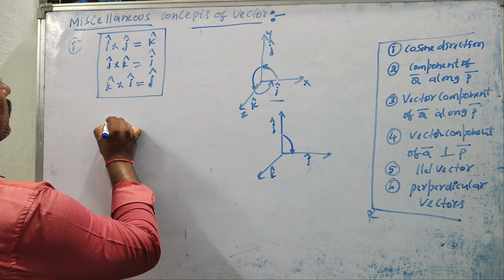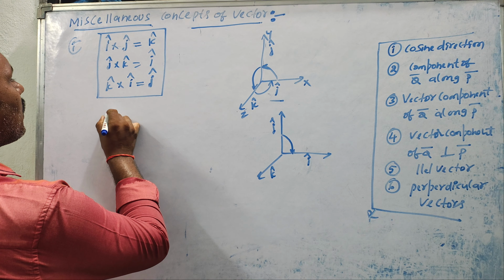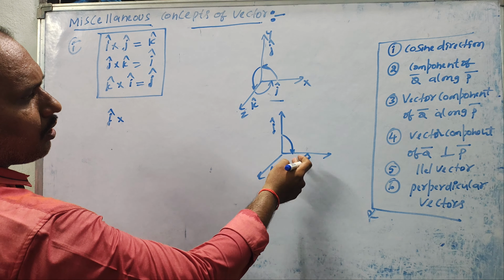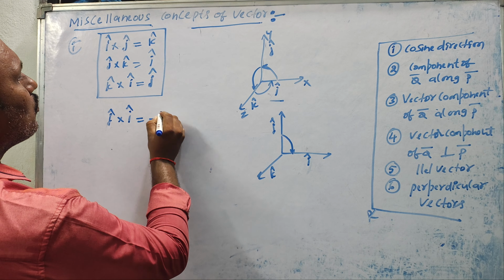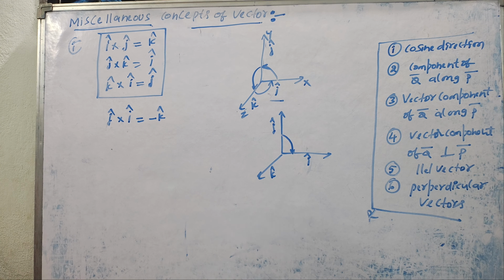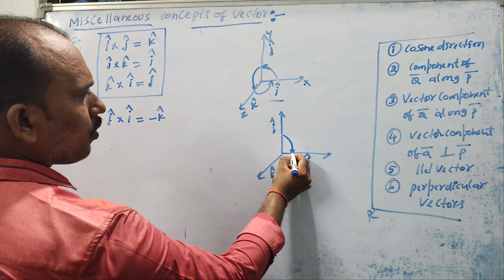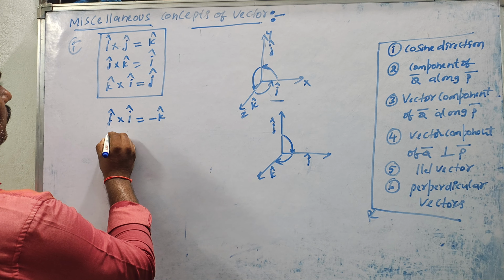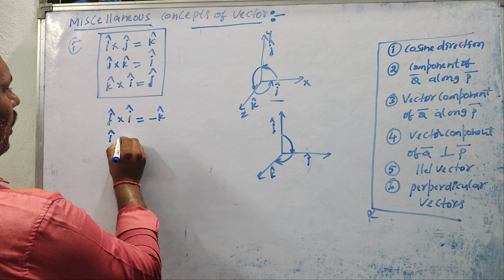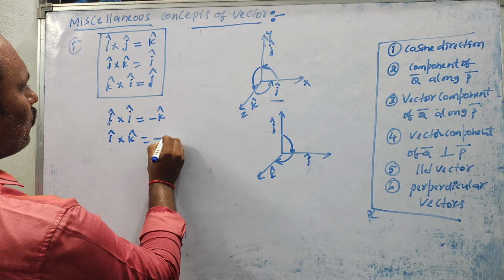According to that law, j cross i cap is equal to minus k cap. Same thing here also: i cap cross k cap is equal to minus j cap.